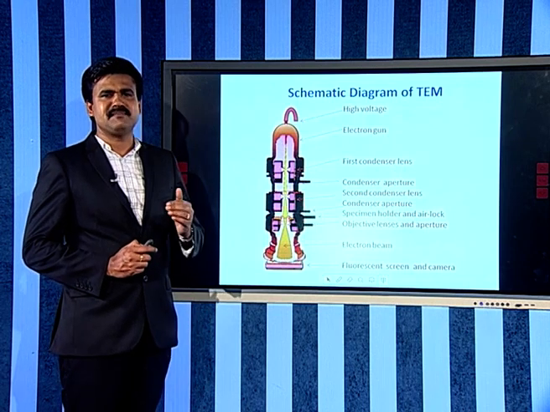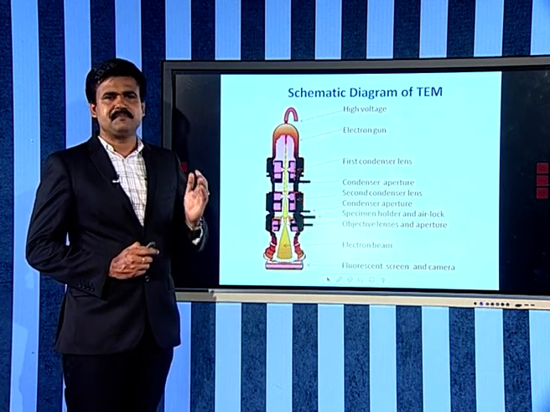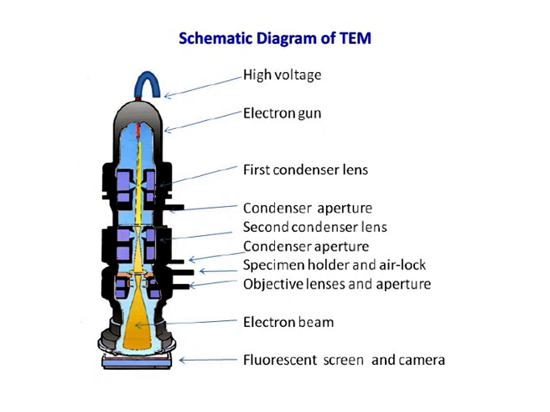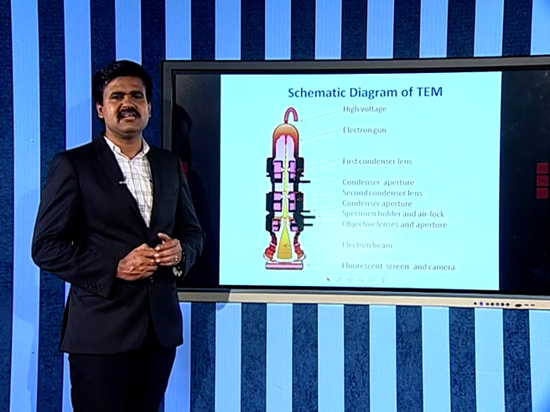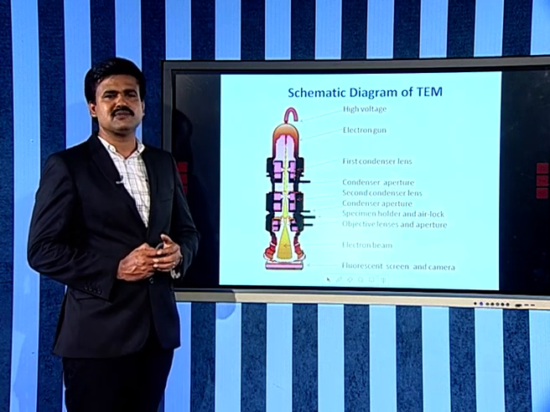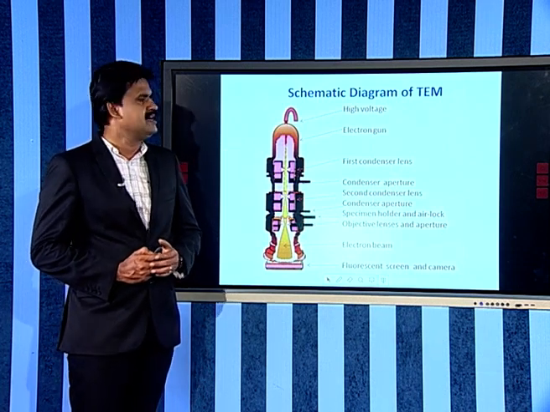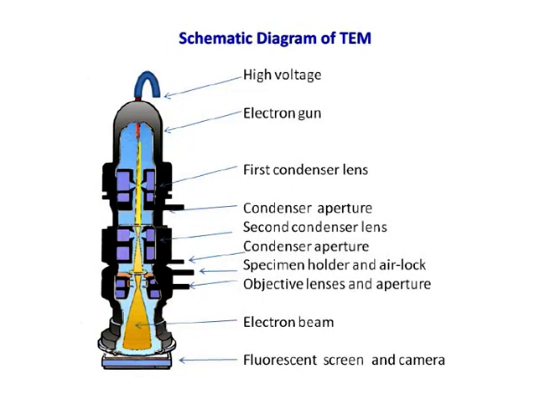Regarding the schematic representation, the picture shows a systematic way of arranging various parts in a transmission electron microscope. A high voltage developer and electron gun is at the topmost portion of the instrument. There is a first condenser lens and a second condenser lens.